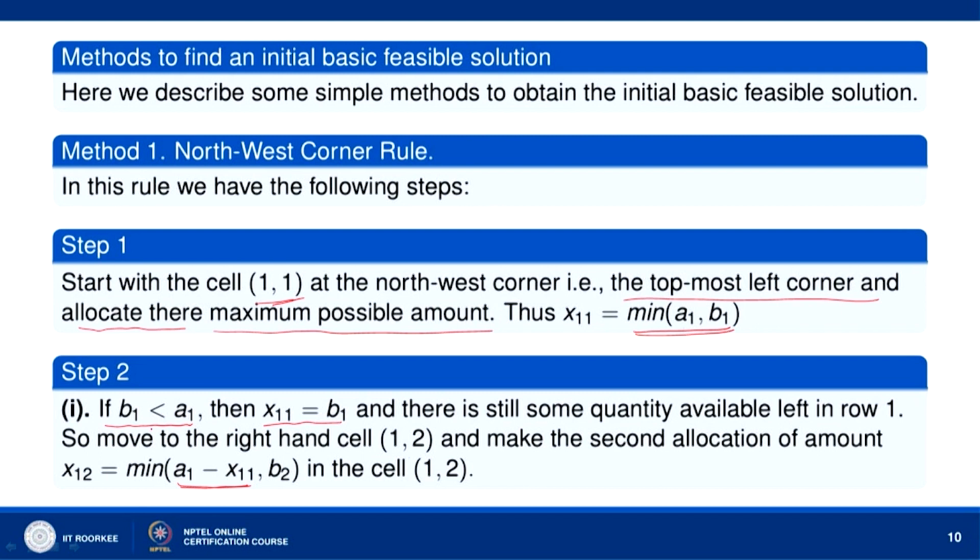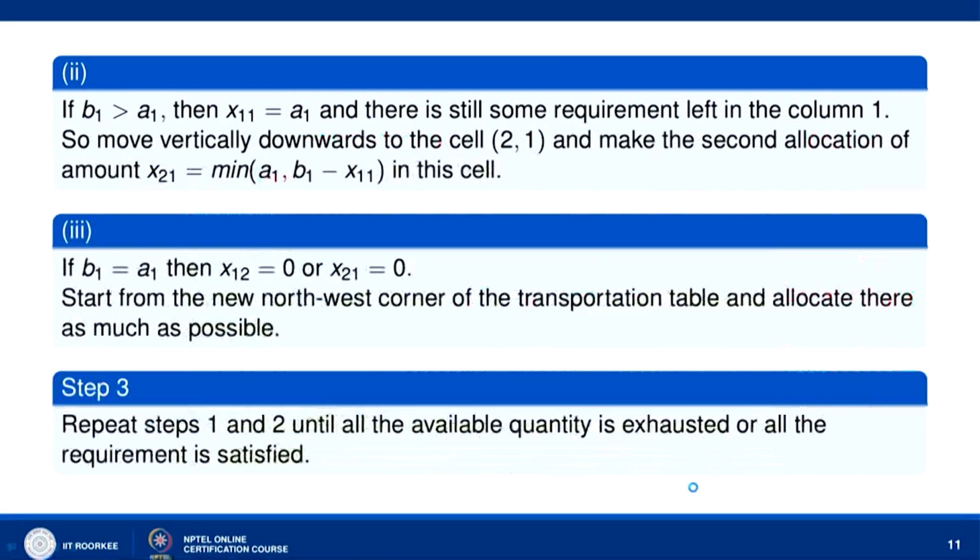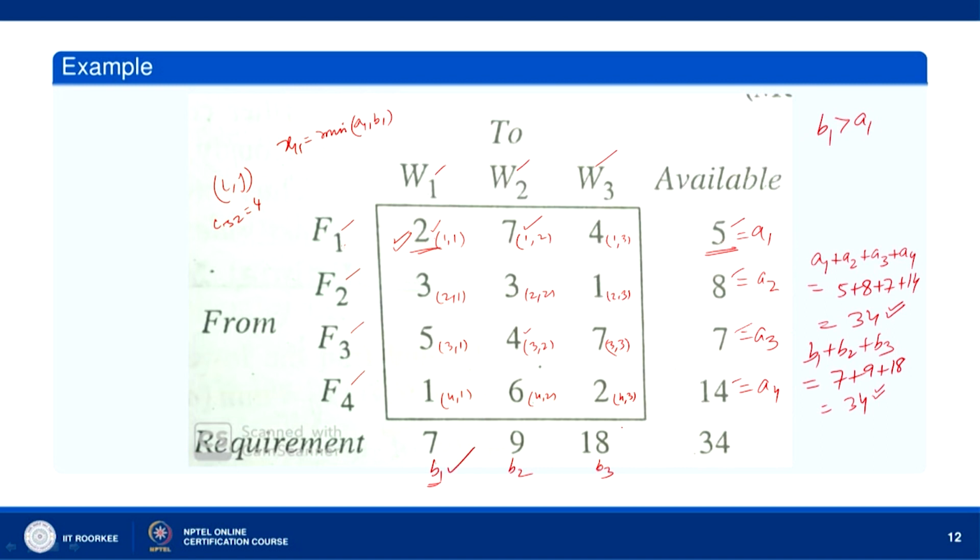Now, in case B1 is greater than A1, like in our problem, where B1 is 7 and A1 is 5, what will we have? We have allocated 5 here, and still 2 units are needed for the warehouse W1. So, we move down to cell 2 1, and we can allocate the 2 units which are left over. Because we needed 7, we have allocated 5 here, and 2 more are required; those 2 can be given to cell 2 1.